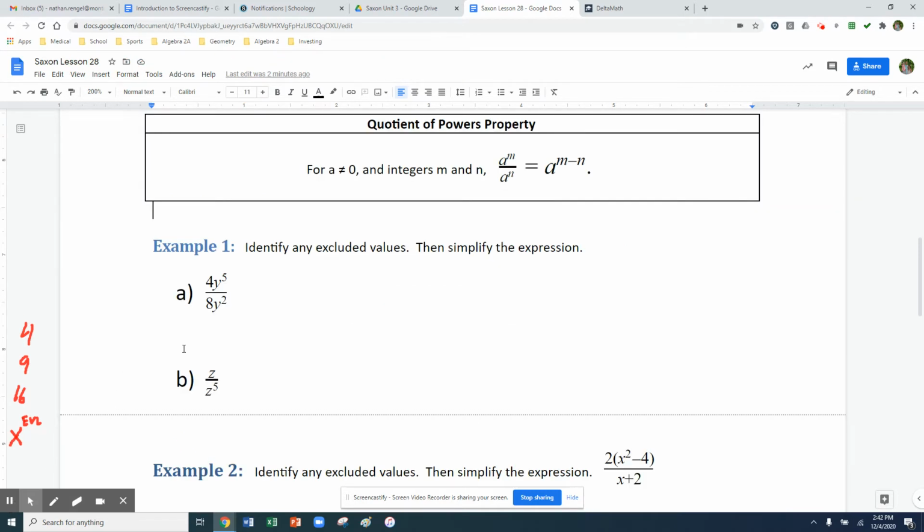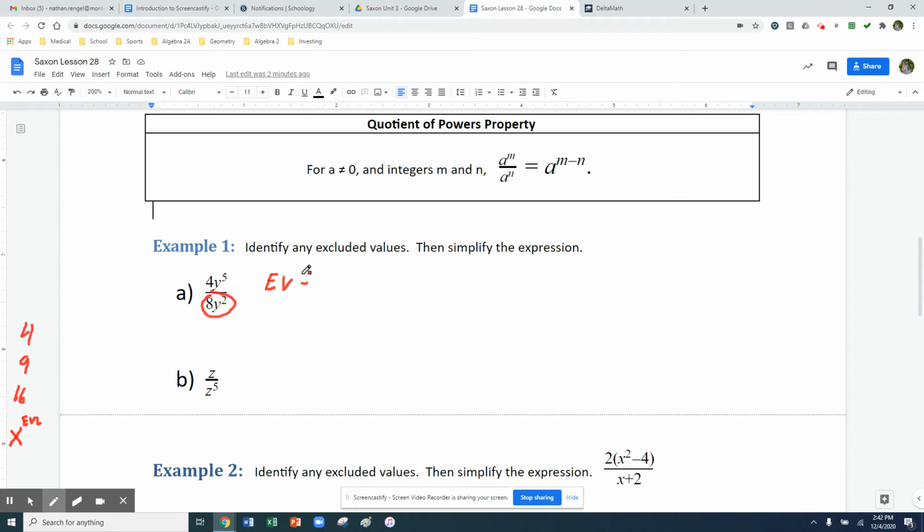In example 1, we are going to find any excluded values, and then we will simplify the expression. So on the left side of my blank space here, I'm going to use EV to represent excluded value. So excluded value means you take whatever's in the denominator.